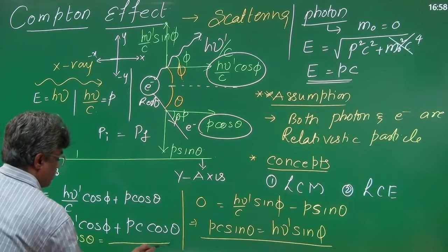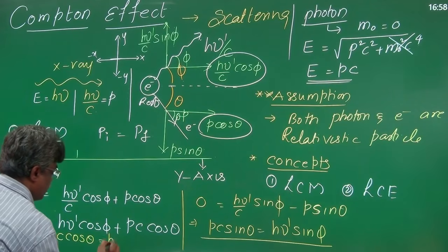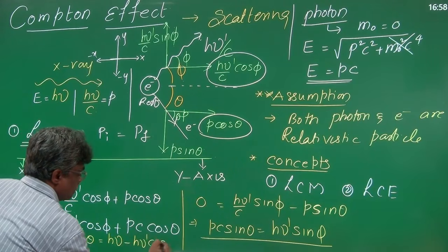Don't copy. If you copy, you won't get confidence. P cos theta equal to, here you will get, I think, h nu minus h nu prime cos phi.